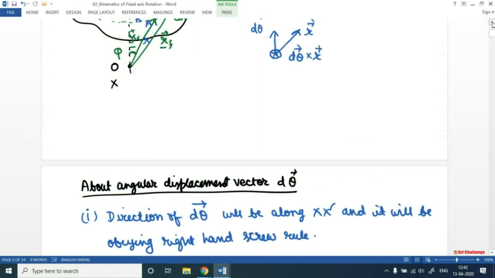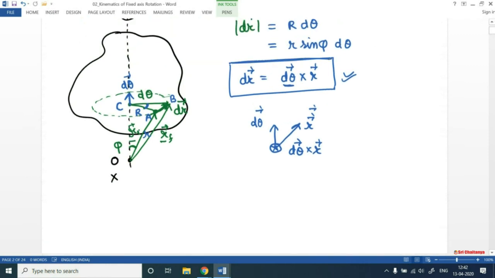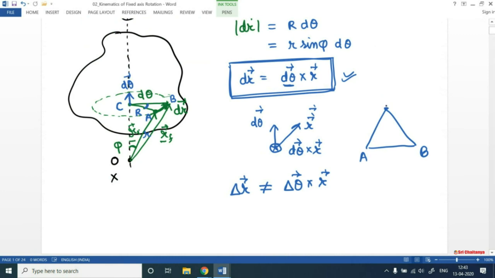The very first thing we must realize over here, the relationship which we have written, dr is equal to d theta cross r. But if we measure the finite displacement delta r, this will not be equal to delta theta cross r. We must realize, because in this triangle ABC, let's redraw this triangle. This is A, this is B, and this is C over here. And let's say this time it is finite, delta theta, and this is R, and this is R as well.